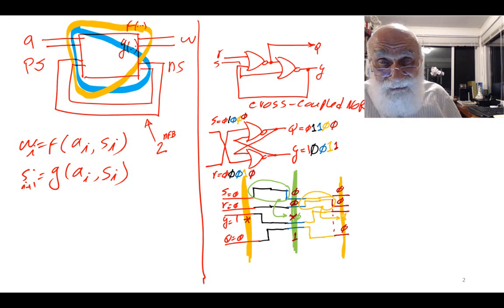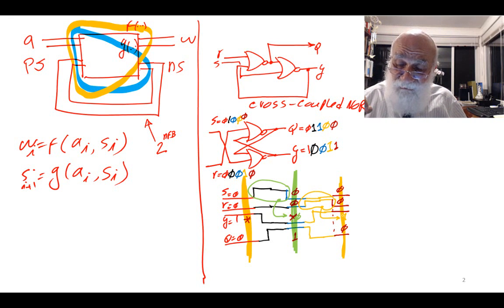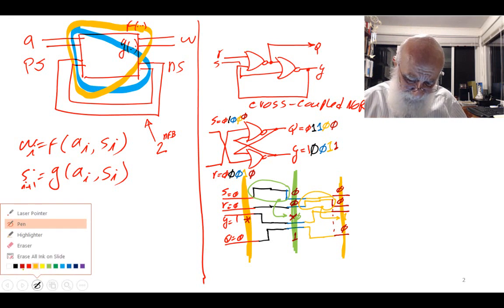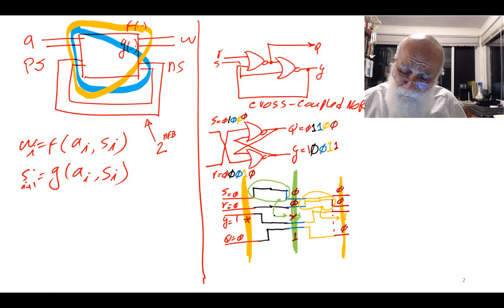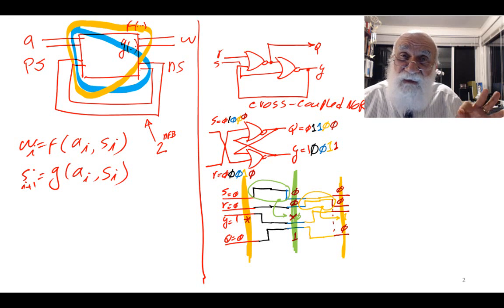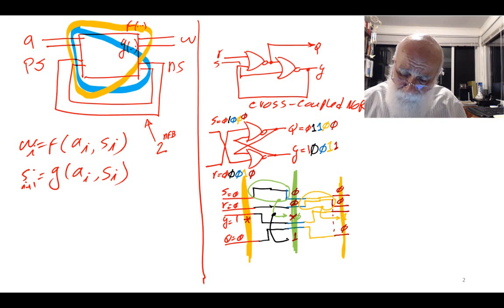Instead of looking at the states, let's look at the outputs. The outputs are like this. If I give my circuit a positive pulse on S, my output becomes 1. If I give my circuit a positive pulse on R, my output becomes 0.